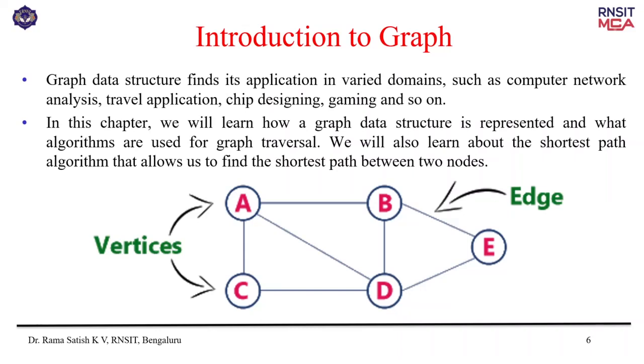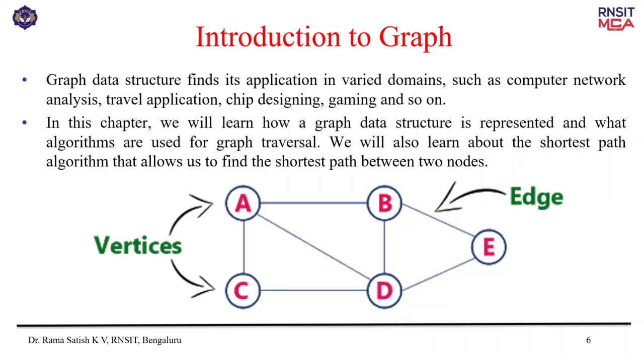Some of the typical operations performed on graph data structure include finding the best possible path between two nodes, finding the total cost of the path, and the shortest cost path.